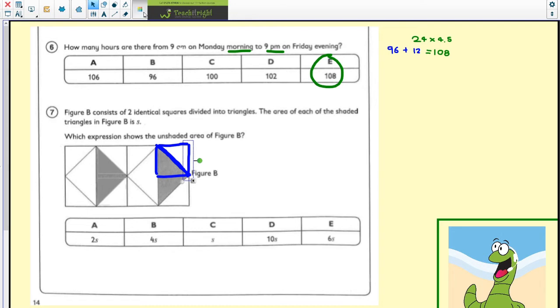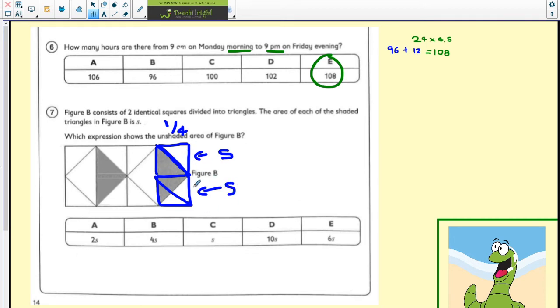And if I did then the same thing with this one, so if I took this triangle, split it in half, made it a little box, and moved that box down here, it would also take up this area. So if I shunted them to the side, that would then mean I've used 1/4 of my area is shaded. And that 1/4 is what we've called each of them S.